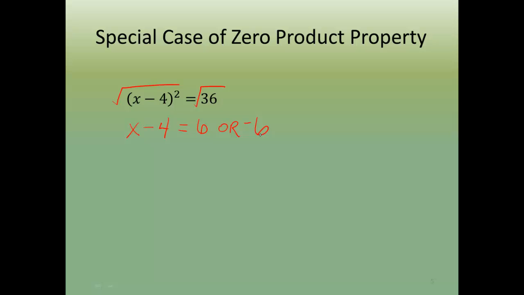Now I didn't write it as a plus or minus here because when I go ahead to get the x by itself, I need to add 4 to each value, both the positive and the negative. One of them gets me a positive 10, the other one gets me a negative 2. So in this case, keeping those two separate, the positive 6 and the negative 6, helps me get my answer.